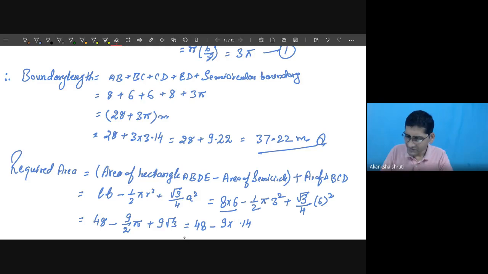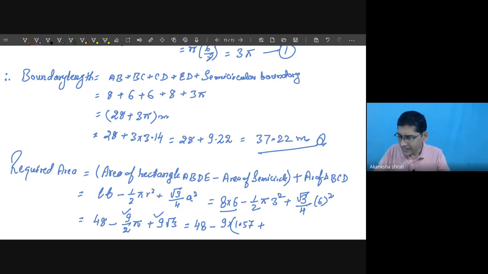So take this as 1.57, meaning pi is already divided by 2, then I have substituted directly, plus 9 root 3. Now observe, students, 9 is also here, so for a smarter calculation you can take the bracket and substitute the value of root 3 rather than doing the multiplication of decimals twice. You just take a bracket, 9 is common.